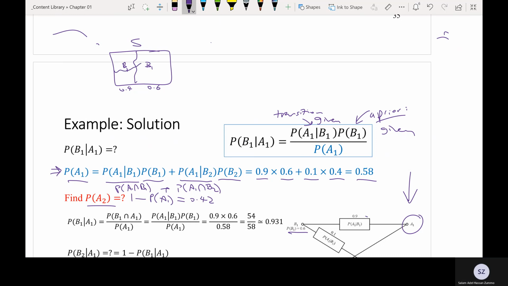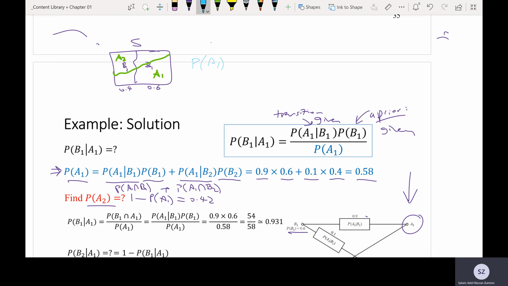Let's draw it in a different color. At the receiver you can get either A1 or A2. So the green is the partition at the receiver. Now how can I find the probability of A1?